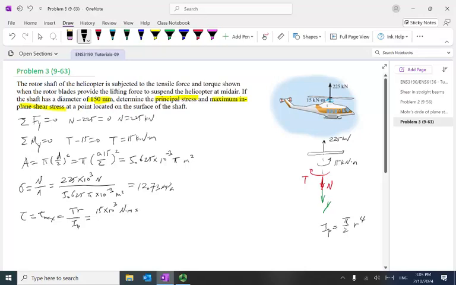R is the radius, half of 0.15 meter, divided by J, which is half pi times the radius, 0.075, to the power 4. Then we can find the value is 22.64 megapascal.